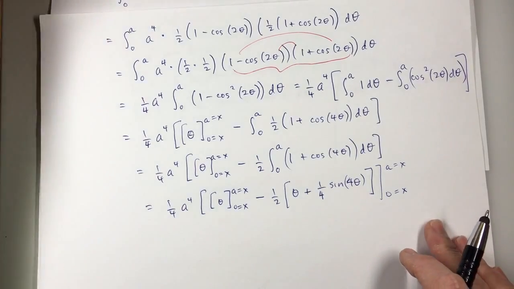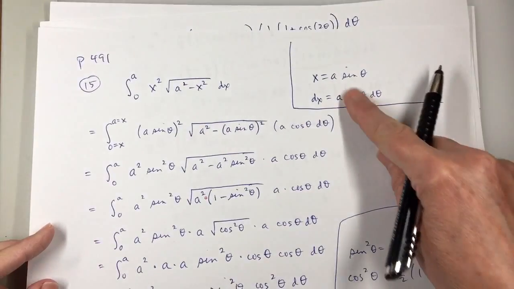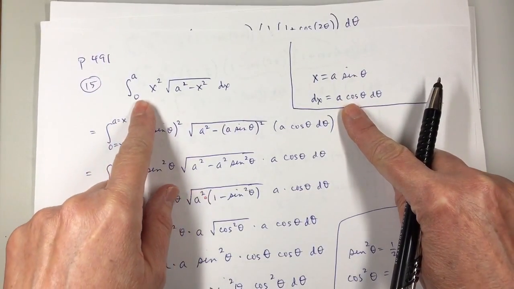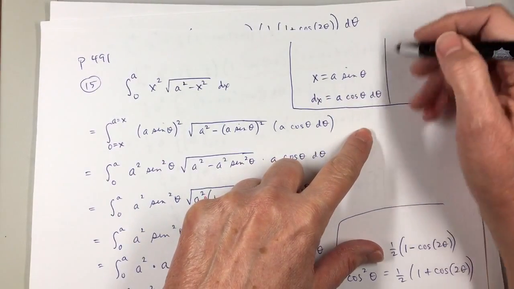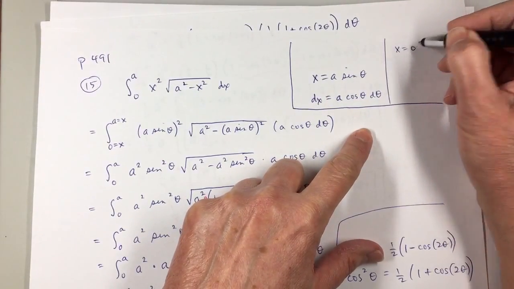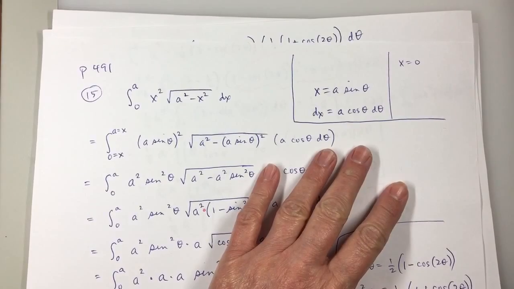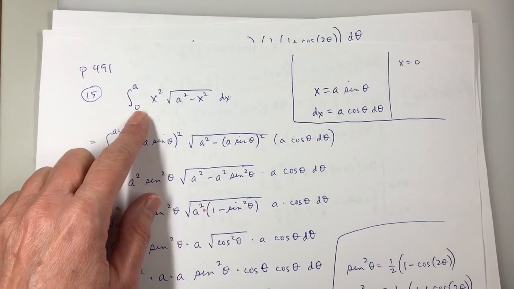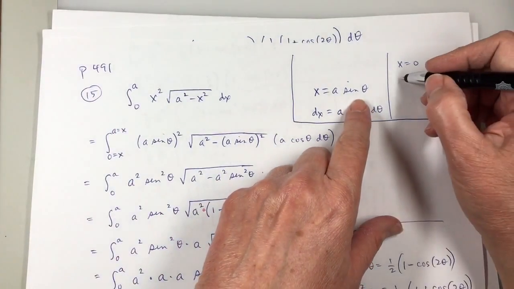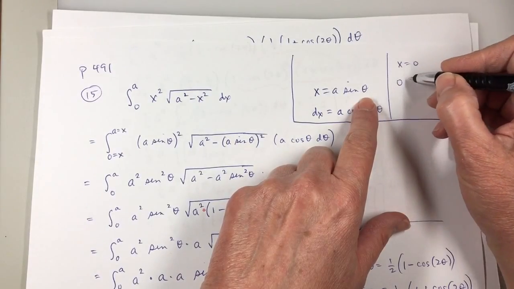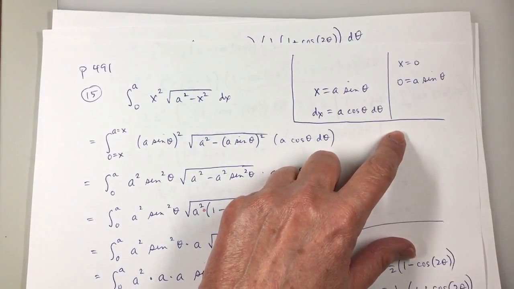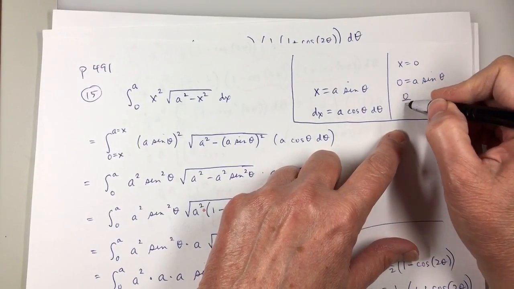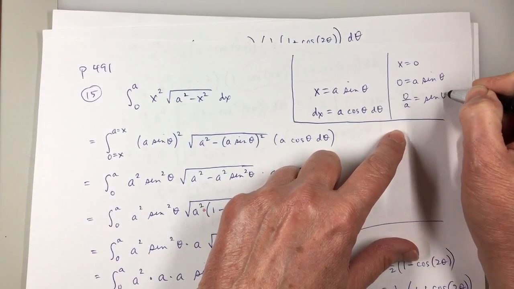Okay, go back to where we first did this substitution, right here. And these were values for x. Well, if x equals 0, this right here, can I find what theta is? 0 is a sine theta. 0 over a is sine theta.